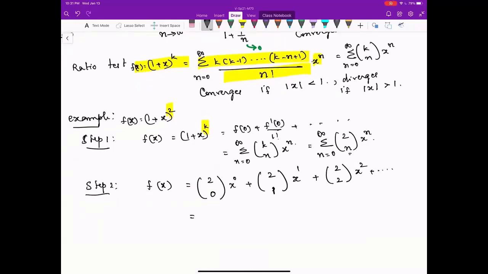The convention is that 0 chosen out of k is always assumed to be 1. So you have 1 times x to the power 0, which is 1 also.